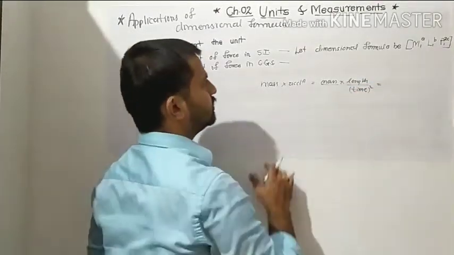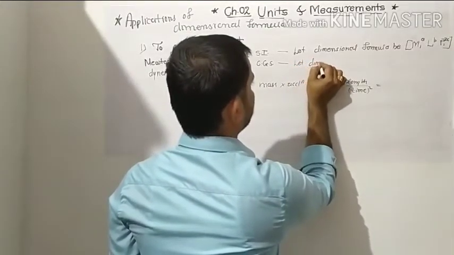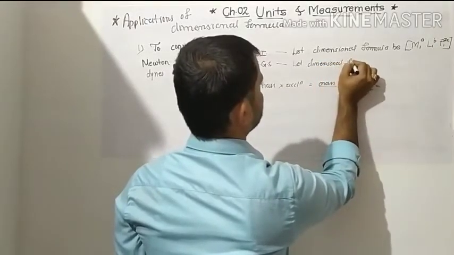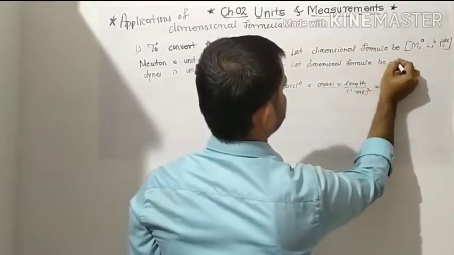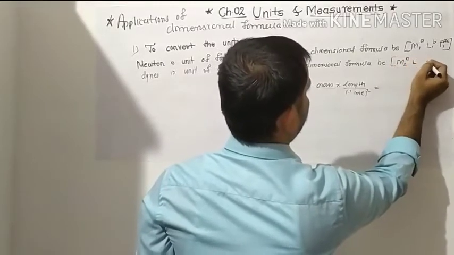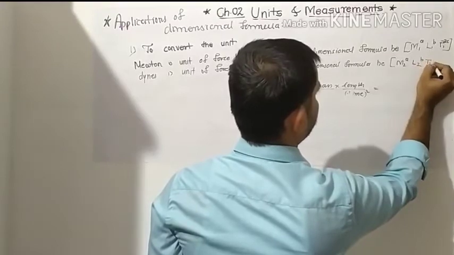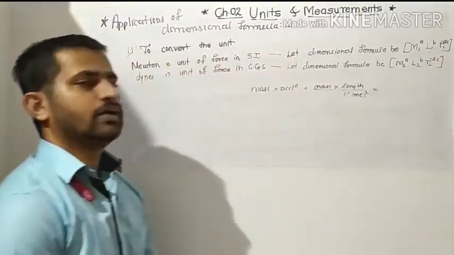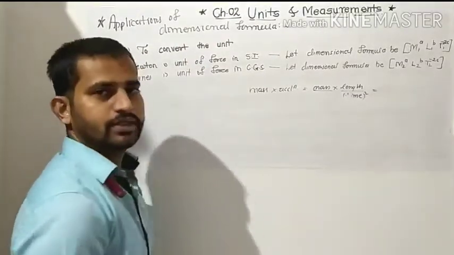Then for the CGS system, let the dimensional formula be M2 raised to a, L2 raised to b, and T2 raised to minus 2c. Okay, then let us equate these two terms because we have to convert the SI into the CGS.